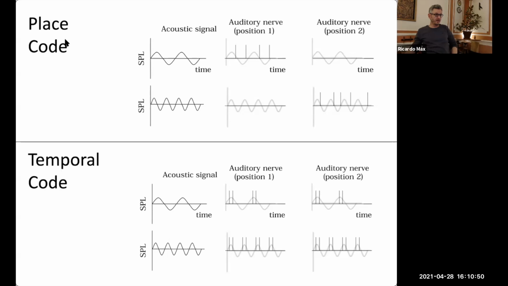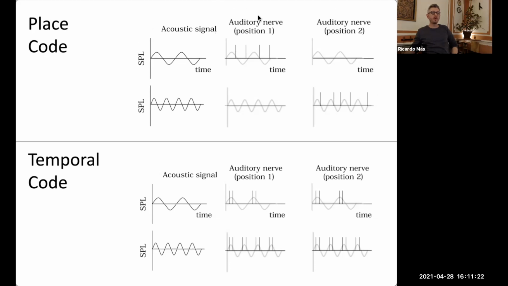According to the place theory, the spikes are represented by these vertical lines, okay? So here we have a lower frequency sound. Only these hair cells will fire and these hair cells will not.